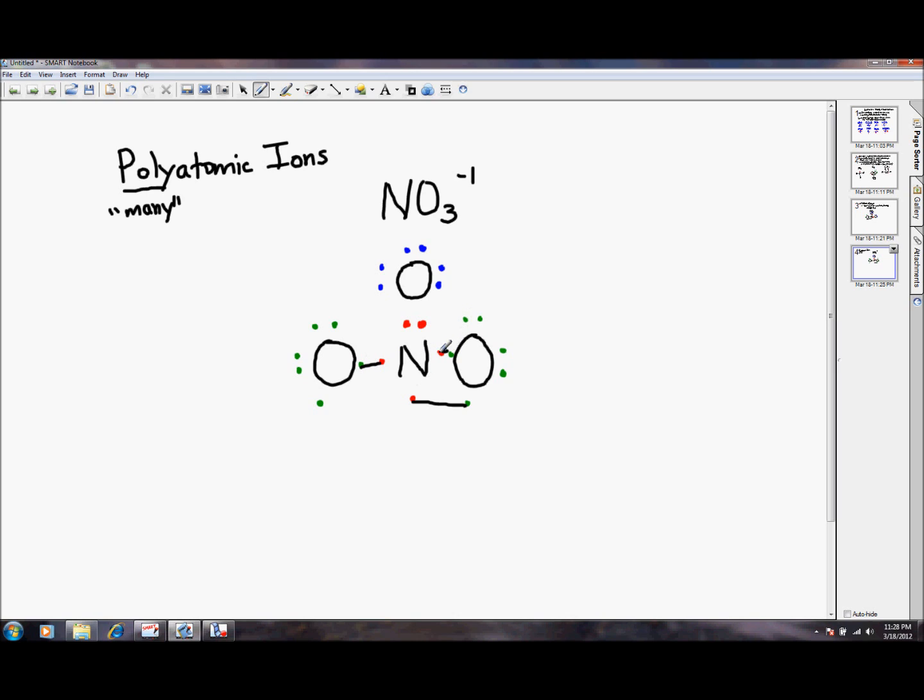nitrogen is in good shape. It has no single dots that are attached. But here's this 1 oxygen. It's missing 1 electron. Well, if you go back up here, the oxidation number tells you how many additional electrons this particular group is going to have to take from a metal to fill in any holes. It's 1. So there's going to be 1 extra electron.